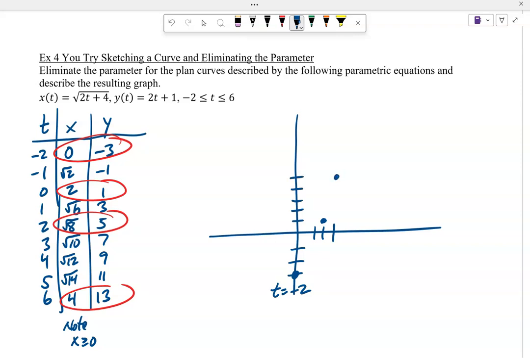Square root of 8, 5, 4, 13. Anyways, we could keep going with this, but more points, but we'll go up to that terminal point there at t being 6.